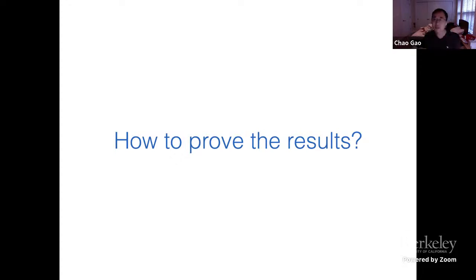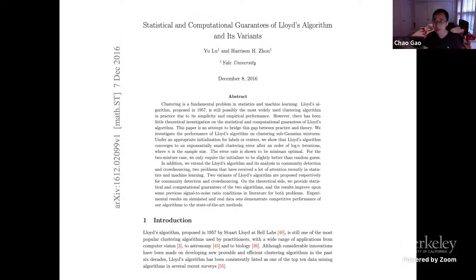But instead of giving you directly the mathematical proof, let me slightly deviate from my topic and tell you about a paper that appeared back in 2016, written by Yu Lu and Harrison Zhou. It's a wonderful paper. It analyzed the statistical property and algorithmic performance of the K-means algorithm that people use every day in the context of Gaussian mixture model.